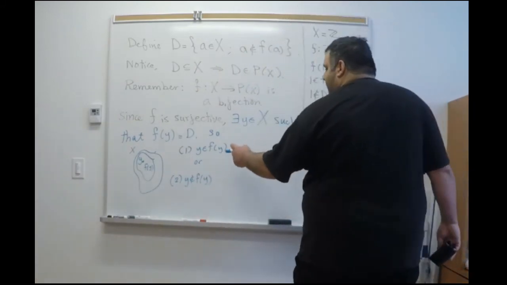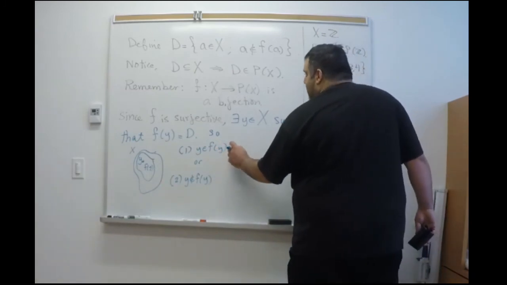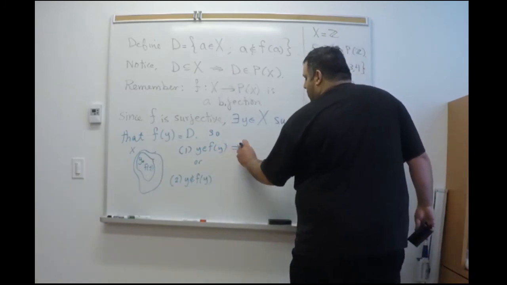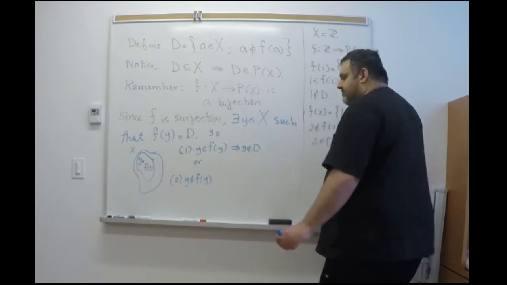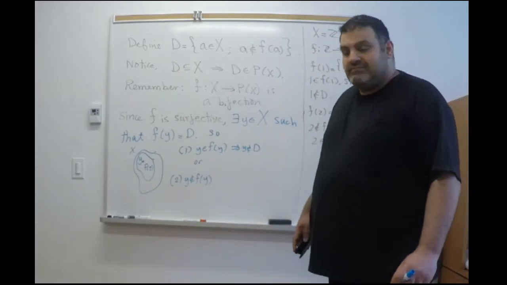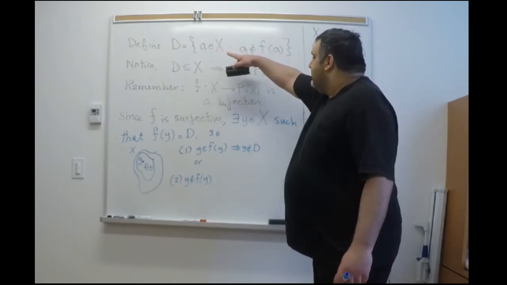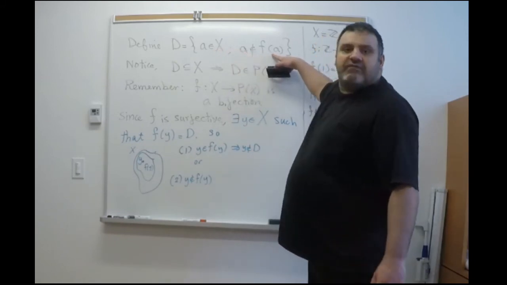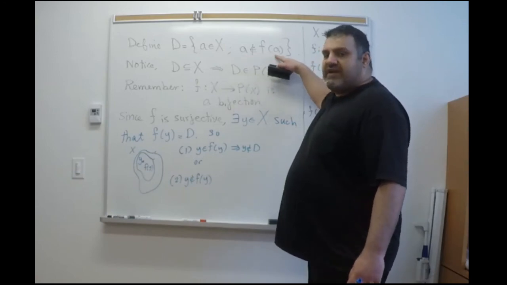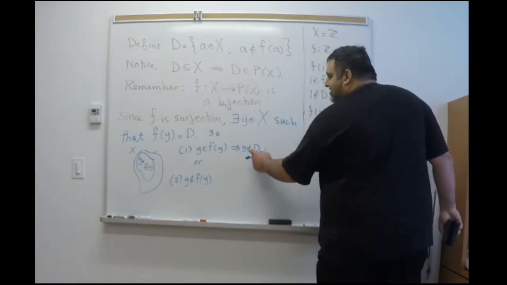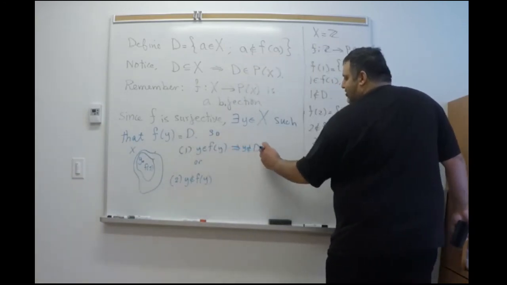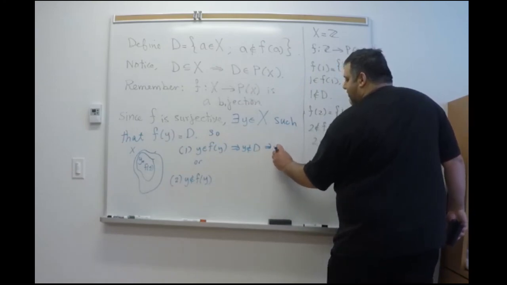Now, if y is in f of y, then y is not an element of D. Why? Because by definition, you're in D if A is not an element of f of A. But D is f of y. So this says y is not in f of y.